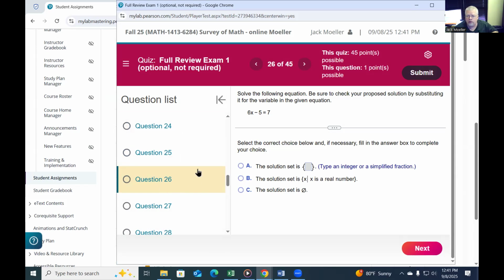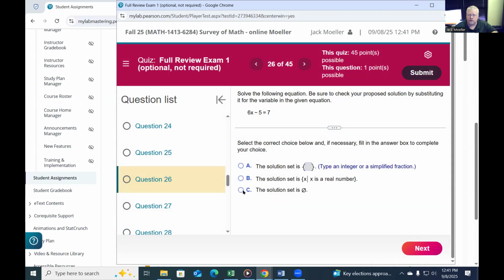Now, before I get into the actual problem itself, just as a reminder, MATLAB has this part B and part C, or option B and option C. So the solution set, when it says the set of x such that x is a real number, this is saying that there are infinite solutions. We're not dealing with that for this class.